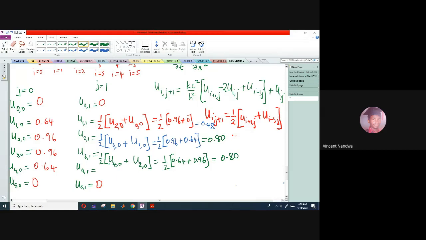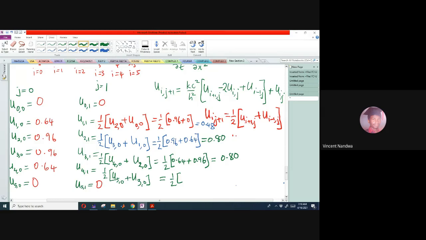And similarly, this u(4,1) means i is 4 and j+1 equals 1, which means j is 0. So replacing, we have a half, so 4 plus 1 is 5, so u(5,0) plus 4 minus 1 is 3, so u(3,0) equals a half.